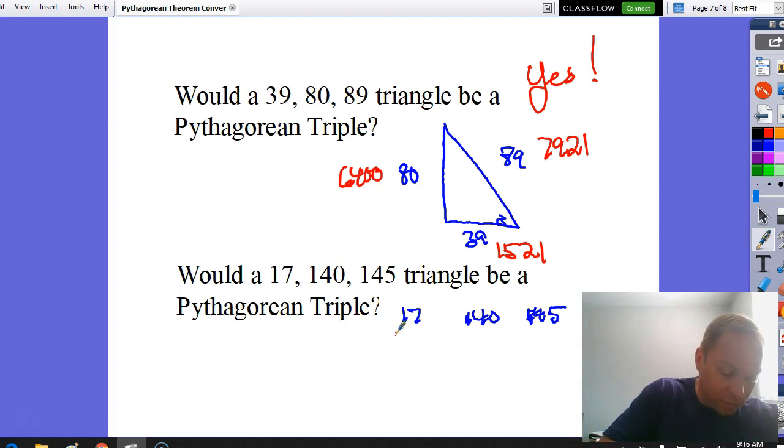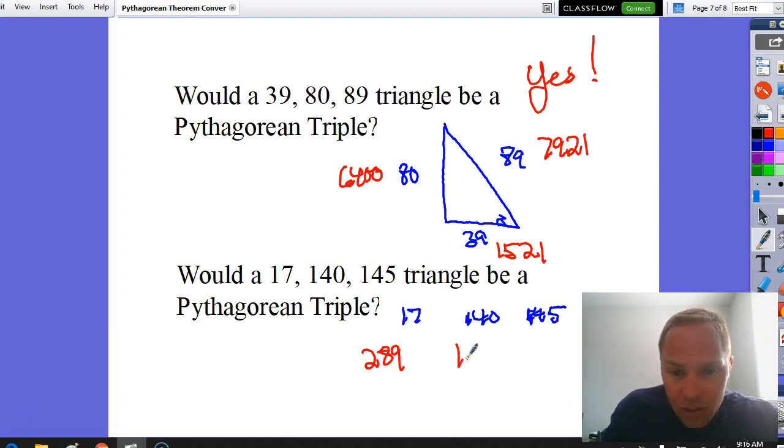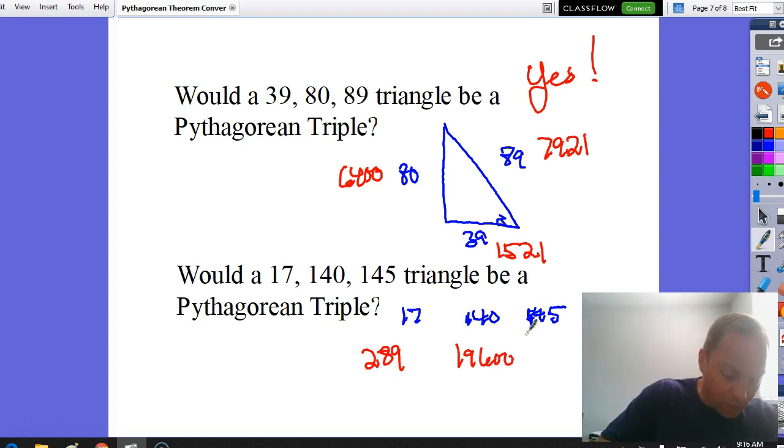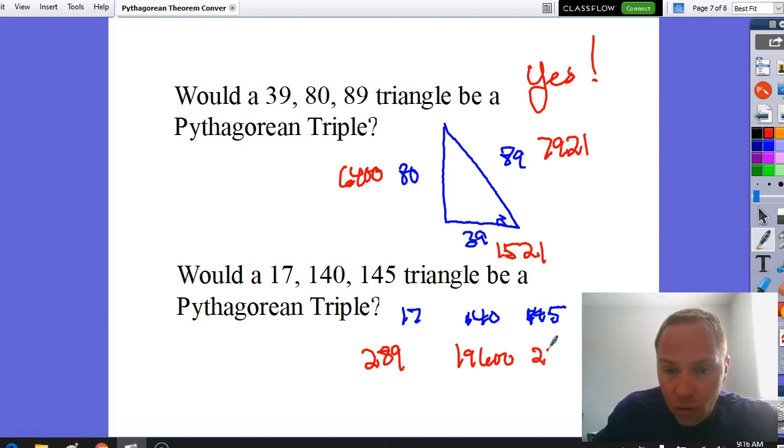Okay? Try this next one. 17 times itself. 17 squared is 289. Try 140 times itself. 140 squared is 19,600. And 145 times itself is 21,025. Okay?